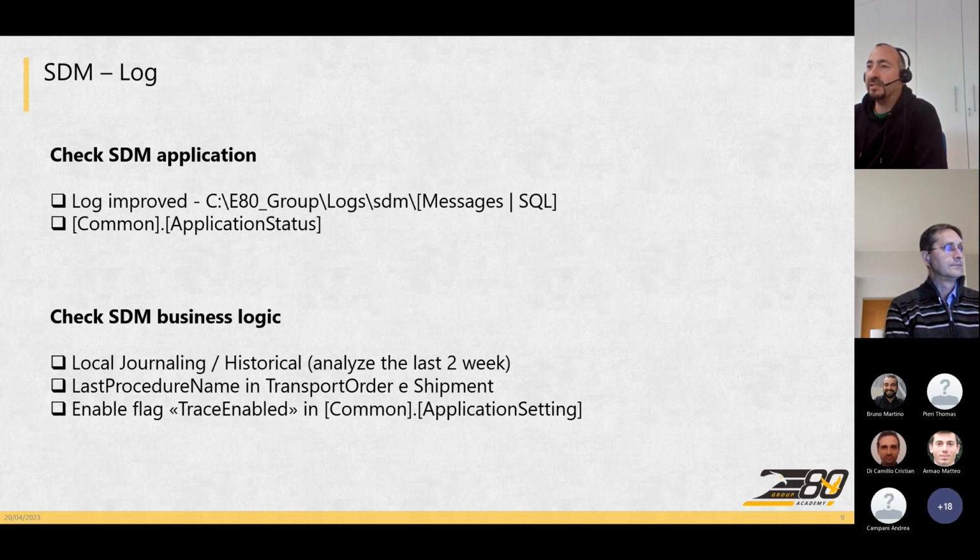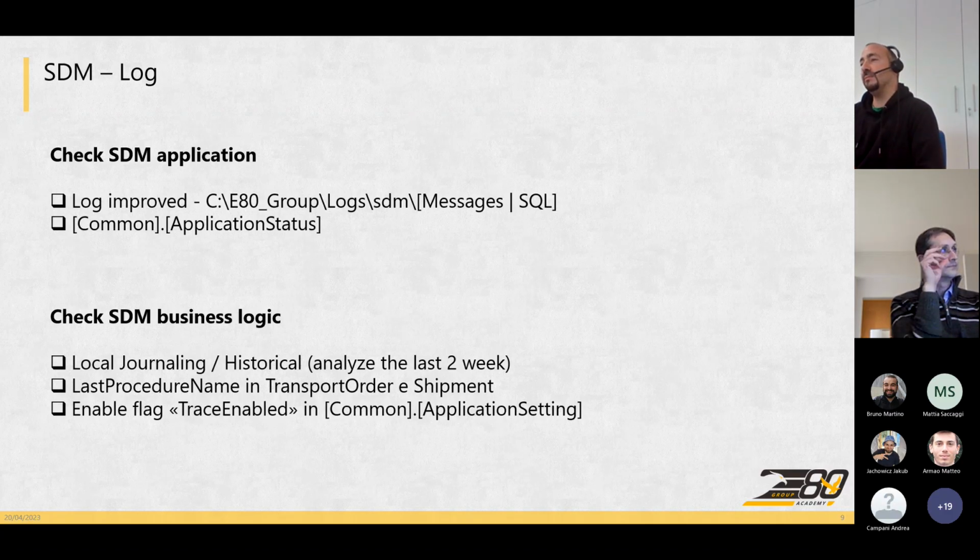The first thing I want to highlight is what George already said, that we improved the log in terms of position inside the system, and the SDM logs were also divided into messages and SQL.